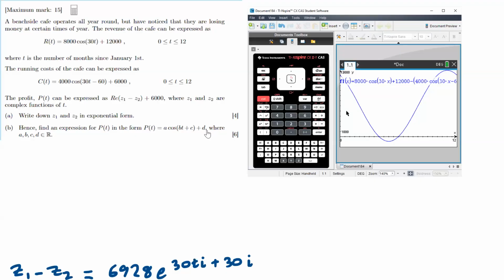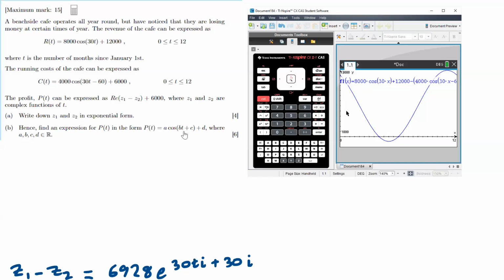Three of those are very straightforward. We could definitely say right at the start that B equals 30, because when you add or subtract two sinusoidal functions with the same period or frequency, the sum or difference must have the same frequency or period. So without doing any work, the value of B must be 30.